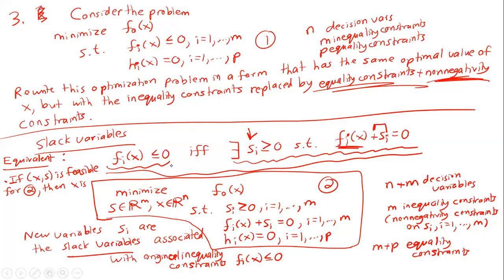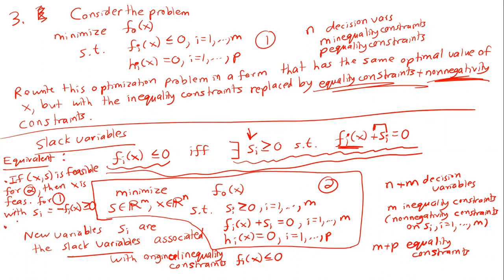Specifically, with si equals negative fi of x needing to be greater than or equal to 0. We can see here that if x and s are feasible, this already implies that fi of x is less than or equal to 0 through this. That would be this constraint in the original.